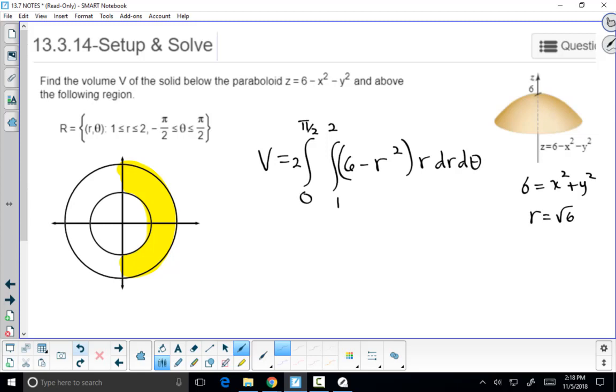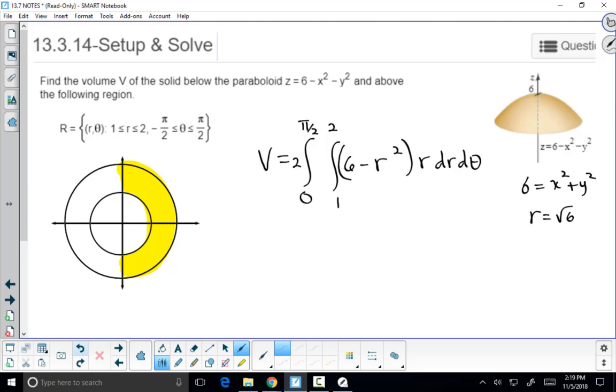So the paraboloid is not coming all the way down to the xy plane. It's more like a silo with a parabolic lid. We just stop at r equals 2, so we've got a cylindrical wall on the edge of it.